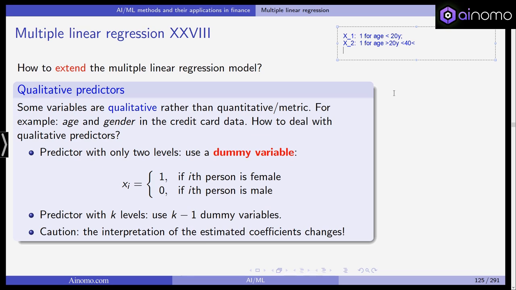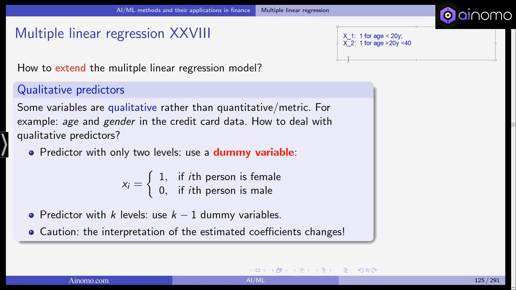And if, for example, we only have 3 levels, then we need 2 dummy variables. So if both of these are 0, it's clear that actually in this case the person is older than 40 years. So we have x1 for the young people, x2 for the people between 20 and 40, and if both are 0, it's clear that the person is older than 40 years.